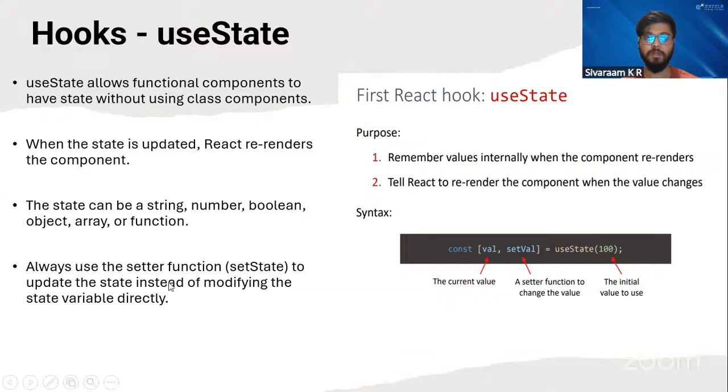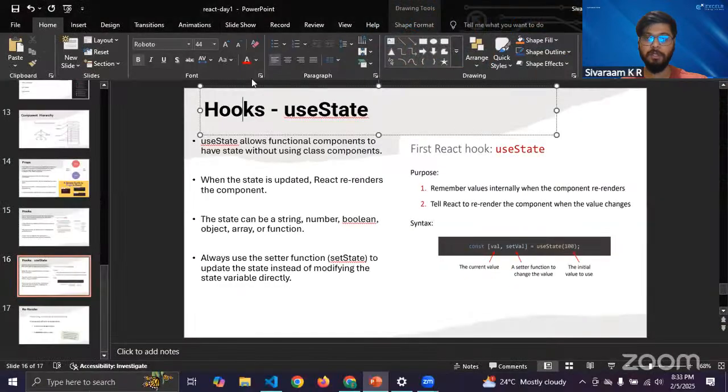Hooks are nothing but inbuilt functions which React gives so that you can use some functionality inside your function components. The reason hooks came into existence is that when the React team started developing React, there were only class components. Inside class components, the class itself was used to handle all the props, state, and lifecycle events.